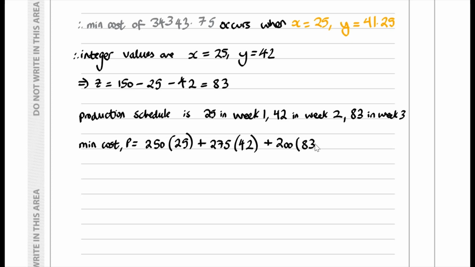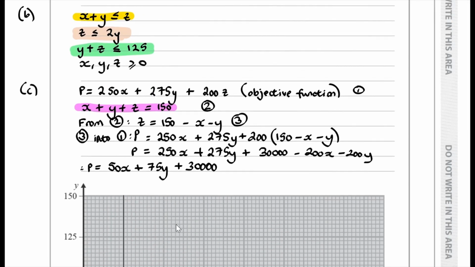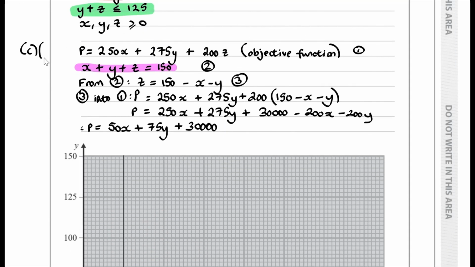So we have 200 lots of 83. And if we work this value out, you'd find we have 34,400. So that's the second part of part C, and that was the first part.